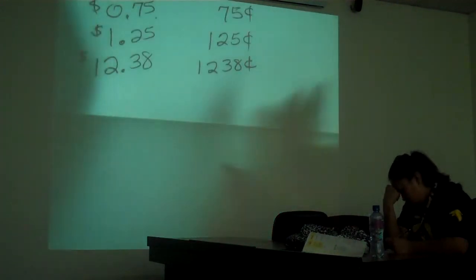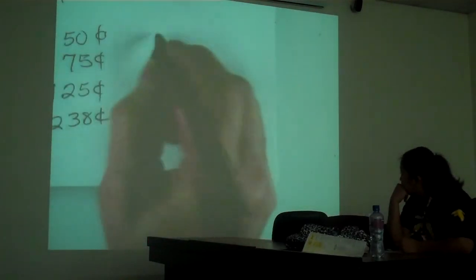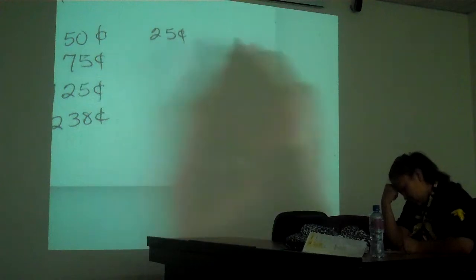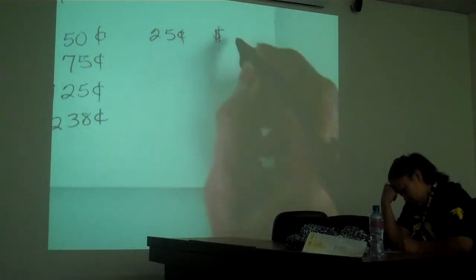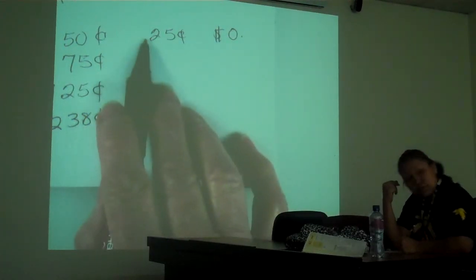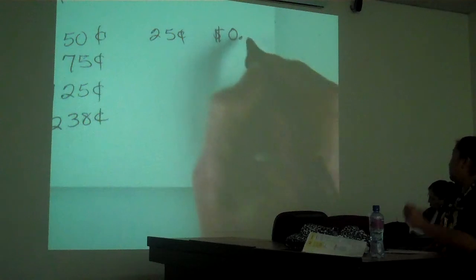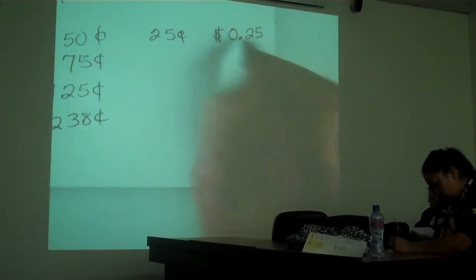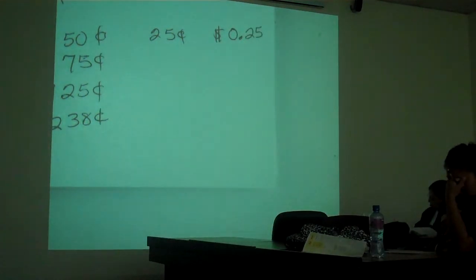Okay, now let's go from cents backwards. Let's say we had 25 cents. How would you write that with the dollar sign? Move your decimal over to your left 2 times. Not all the way, because sometimes all the way is too far. 2 times.